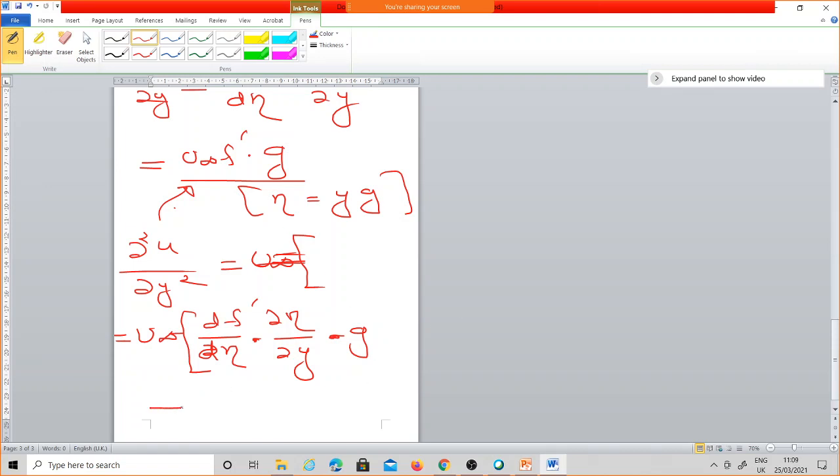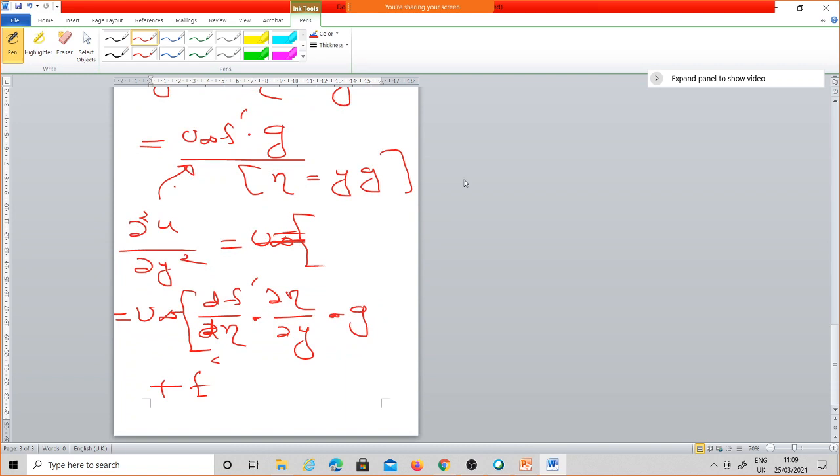So you have to consider the uv rule. Next, f prime will be there, and you need to consider the same chain rule, dg by d eta multiplied by del eta by del y. f prime and g are both functions of y, so I keep one fixed and take the derivative of the other, and again the reverse.